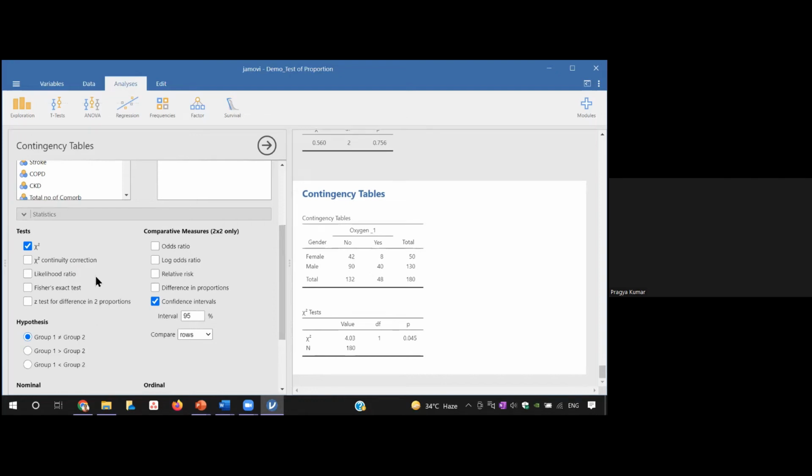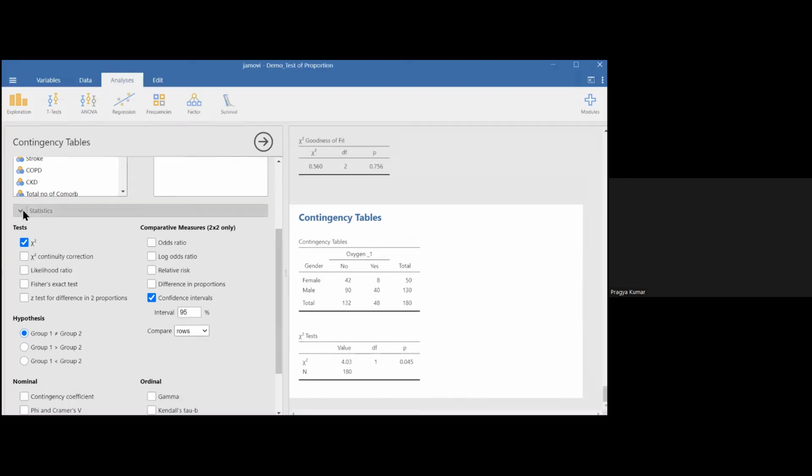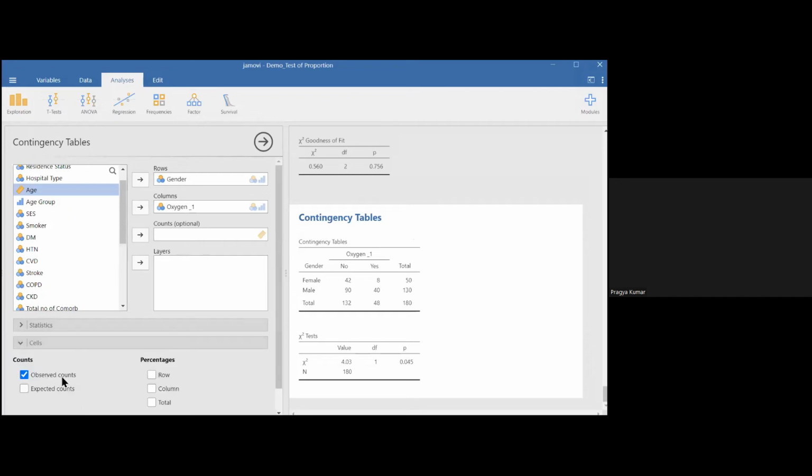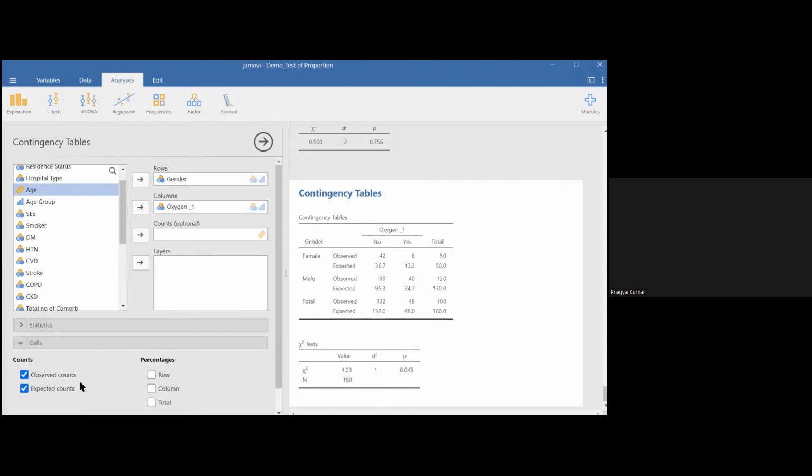So in this case, you can see the expected cell frequency. So maybe in the statistics, if you click in the statistics and the cells, in cells, you can see the expected count. I can again click this along with this observed count. I may click the expected count.